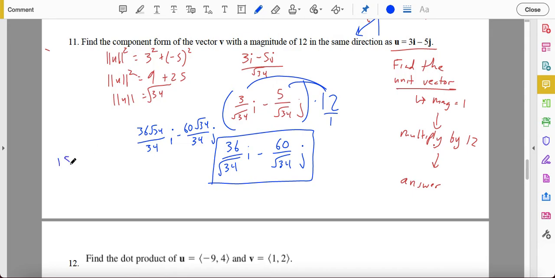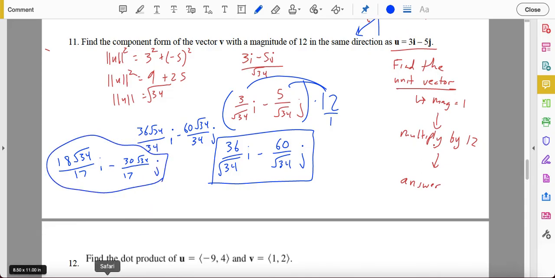So it's 18 root 34 over 17 i minus 30 over 17 root 34 j. So that is the fully simplified and rationalized version of our answer. But again, the earlier one is perfectly acceptable for full credit.